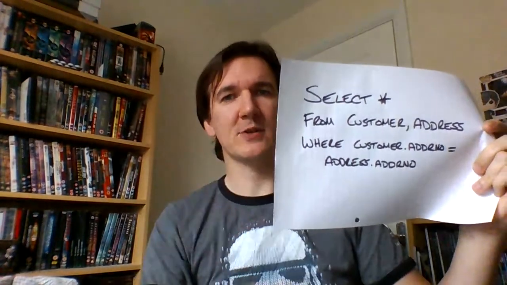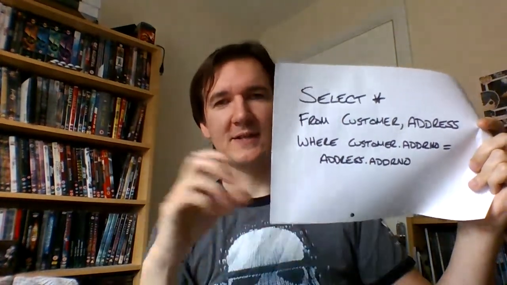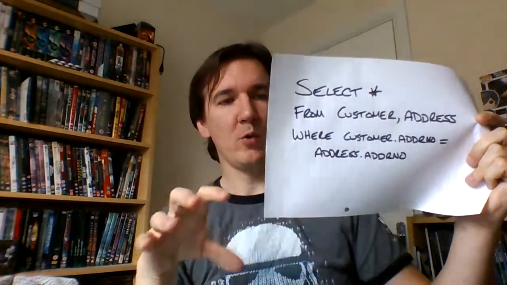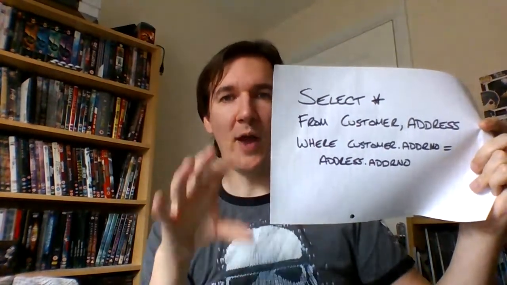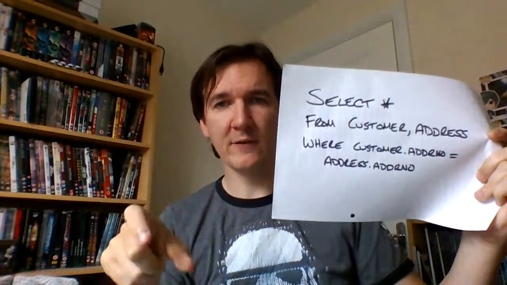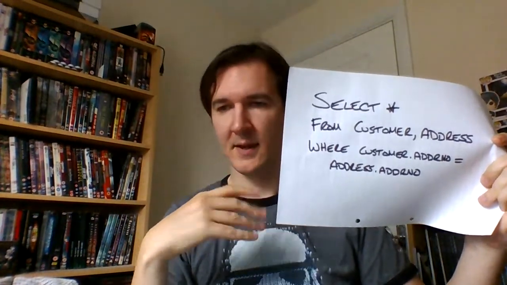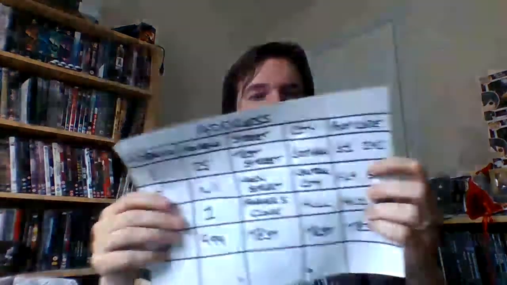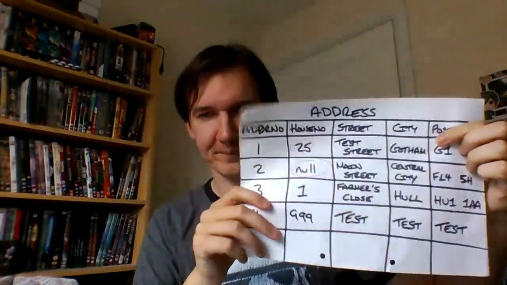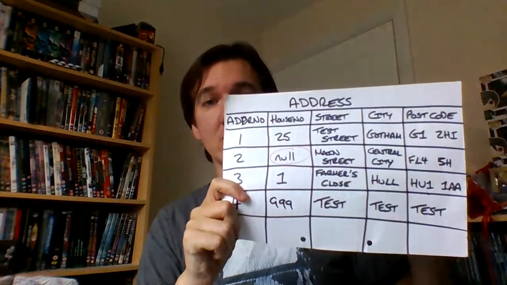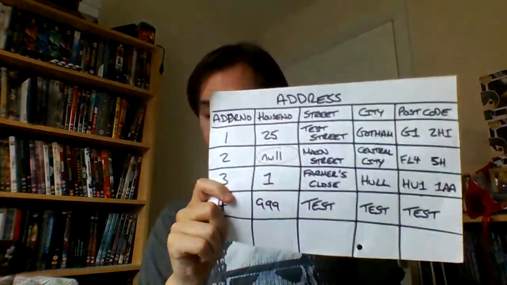Now, the reason I don't like this is it can get very, very messy when you're adding or removing tables. It can get very complicated for keeping track of things. But also, I like my where clause to specify what I'm looking for. So if I wanted to only find people who live in Gotham, I could say where city equals Gotham. If I've got that in my join on, it's very easy to see these are the tables I'm looking for, and then these are the conditions I'm wanting to apply.